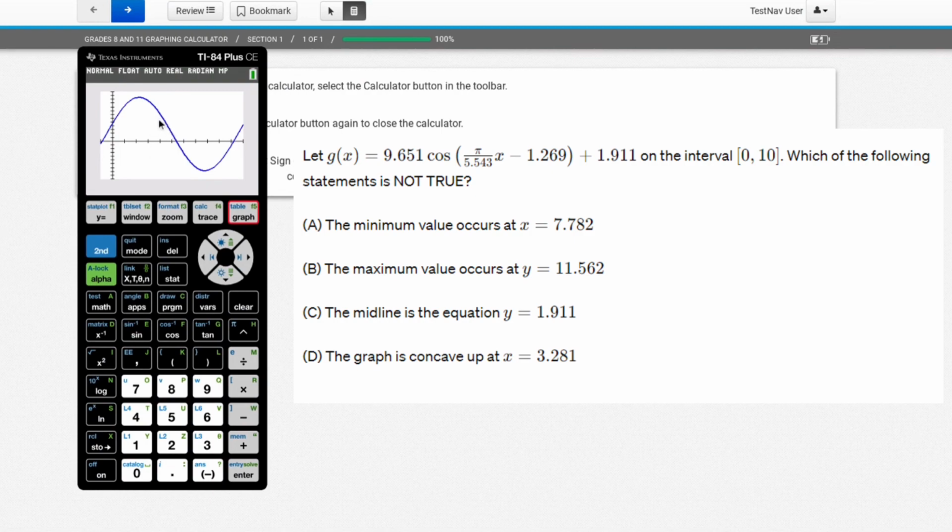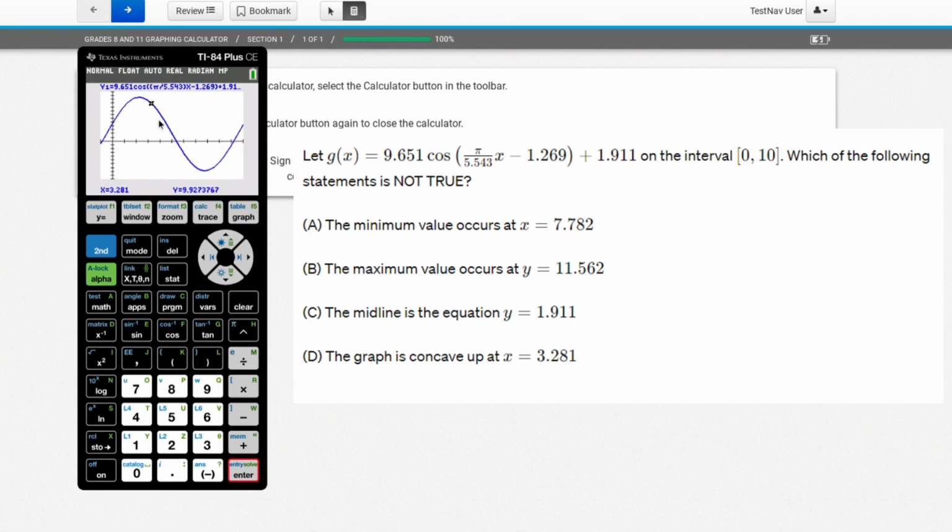If the y value is greater than the midline number, 1.911, you can hit second calc and type in your value at 3.281. Since that number is much bigger than 1.911, it occurs above the midline, where it just so happens to be concave down.